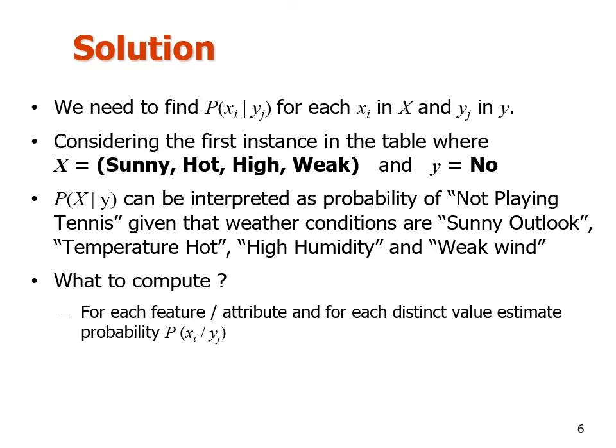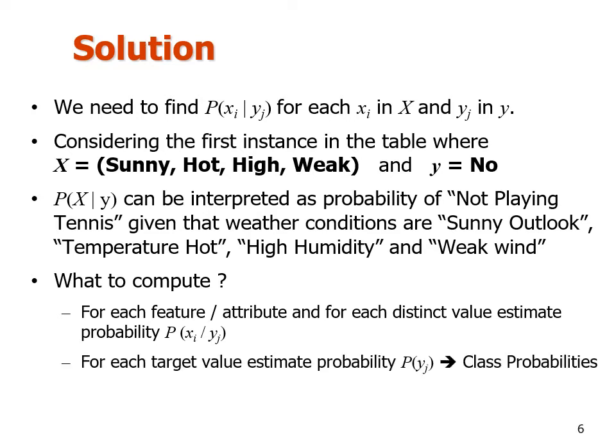So we need to find out the probability for outlook for all these 3 values given the class labels. Also we need to compute for each target value the probability of yj. This will provide us the class probabilities.